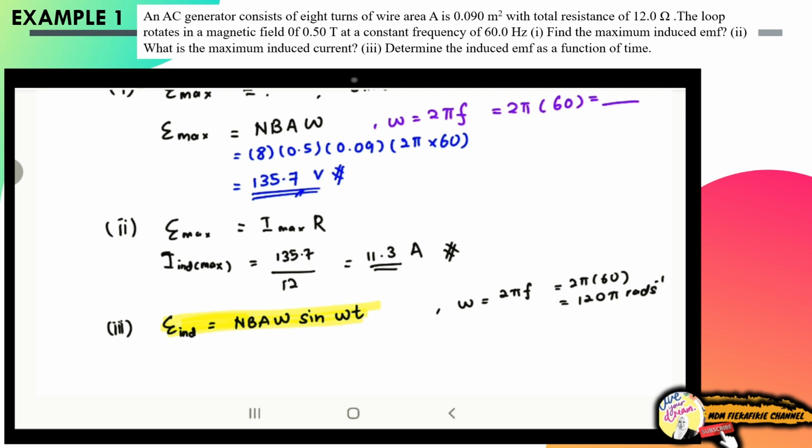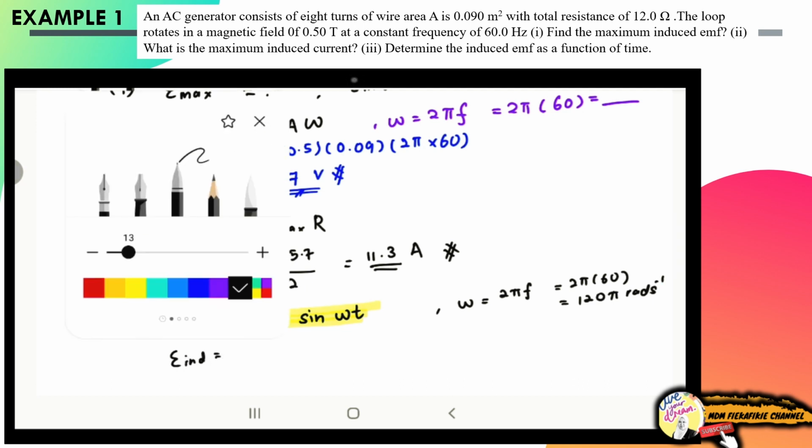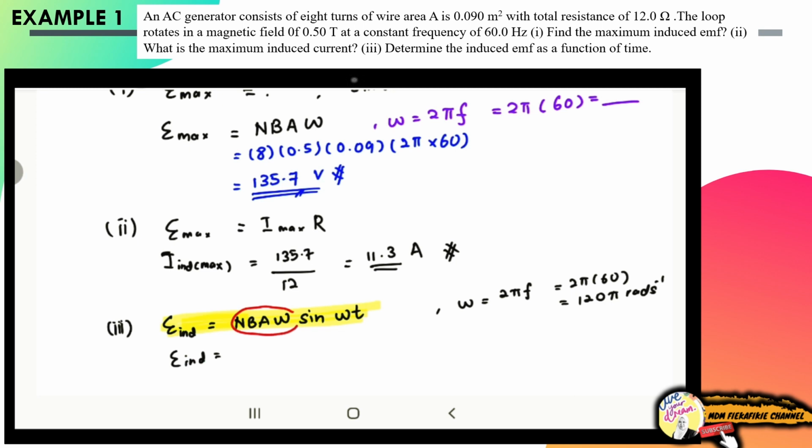So the induced EMF is equal to, remember the value we calculated just now, NBA omega is 135.7. Then we can write 135.7 sine of 120 pi times t.